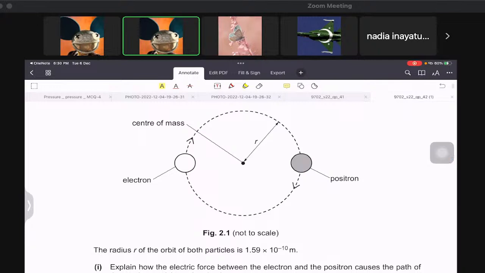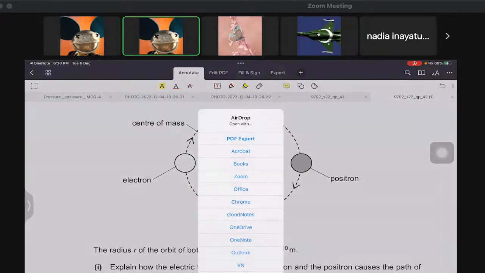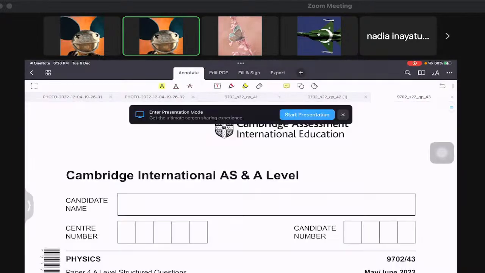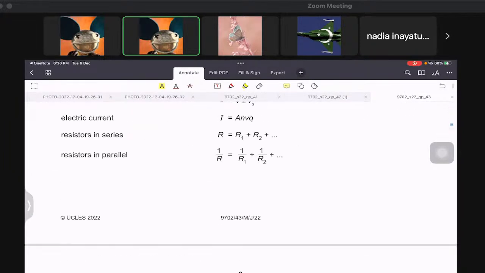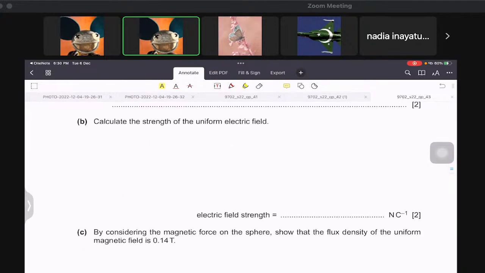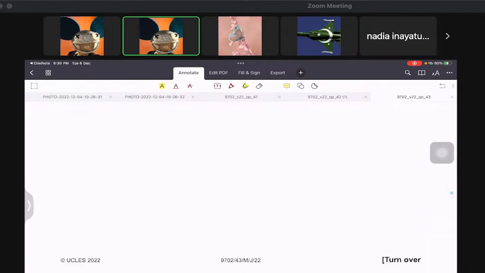I wonder if the October-November papers have been released. I'll try to look at the school support hub. Let's see if they have released it there. I had the credentials for it. Never used it though. Wait.